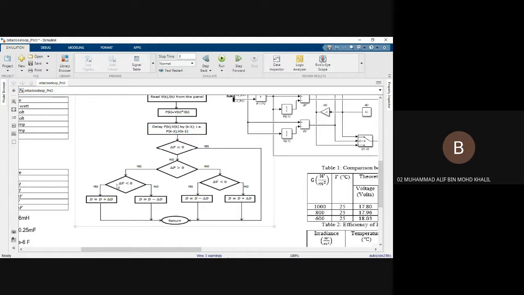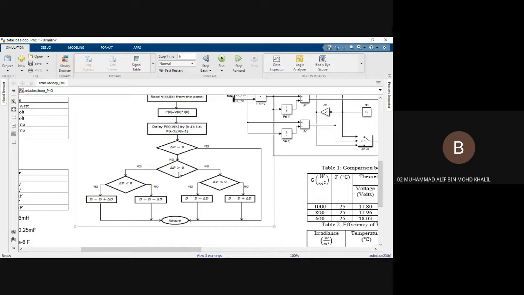If the delta V is less than 0, then we add the delta D to the old duty cycle. The delta D that I chose is 125 micro. If it's greater than or equal to 0, then we subtract the delta D from the old duty cycle.